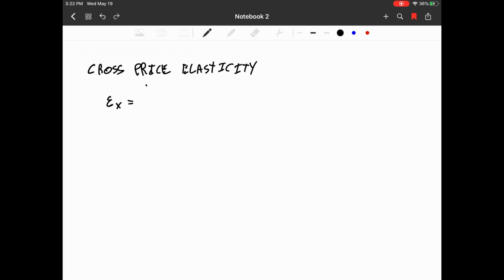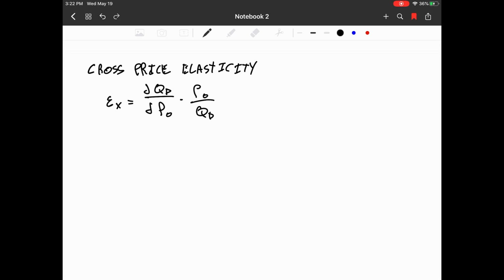But whatever suits your fancy. So we just want to look at the change in the quantity demanded when we change the price of alternative goods. And then we just multiply this by P0 over QD.